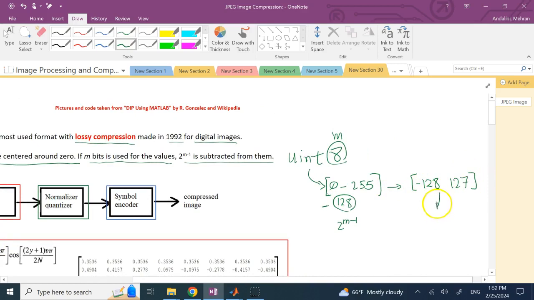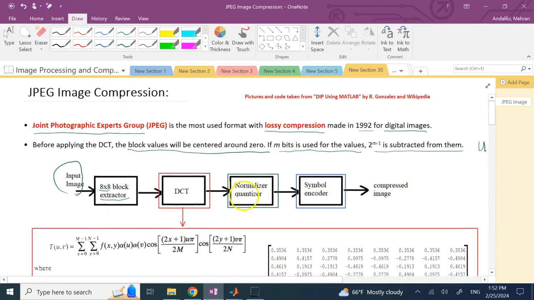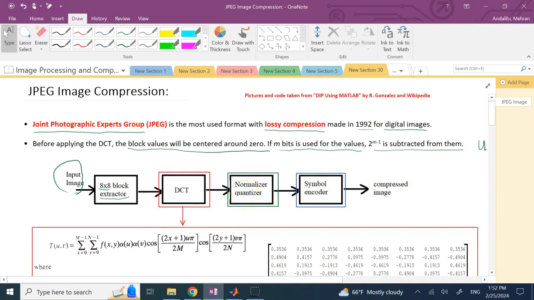Now the average of that is 0, instead of being positive 128. So first you center it around 0. This has been shown to lead to better and more efficient compression. So that's the first thing you do: extract the blocks and subtract to center them around 0.